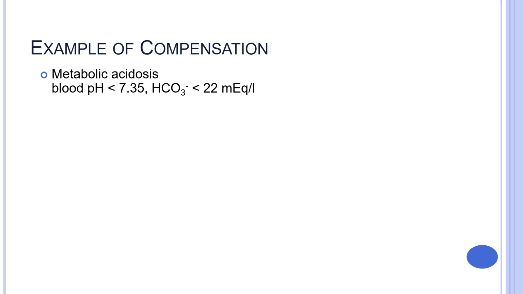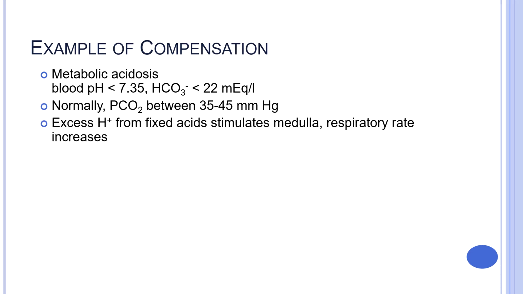An example of compensation: metabolic acidosis. Our blood pH is less than 7.35 and our bicarbonate is less than 22 milliequivalents per liter. Normally the carbon dioxide is between 35 and 45. Excess hydrogen from fixed acid stimulates the medulla and the respiratory rate increases.